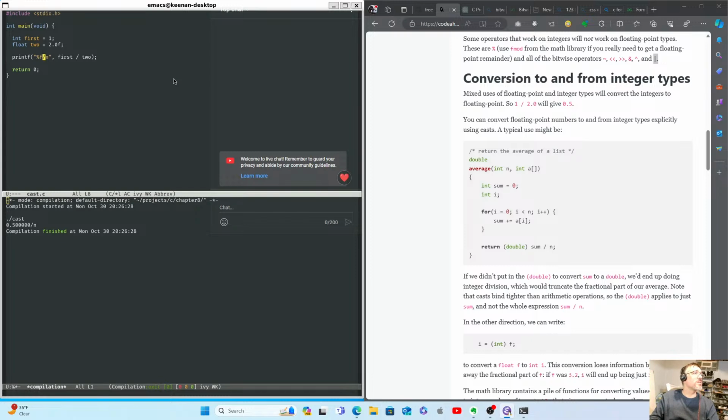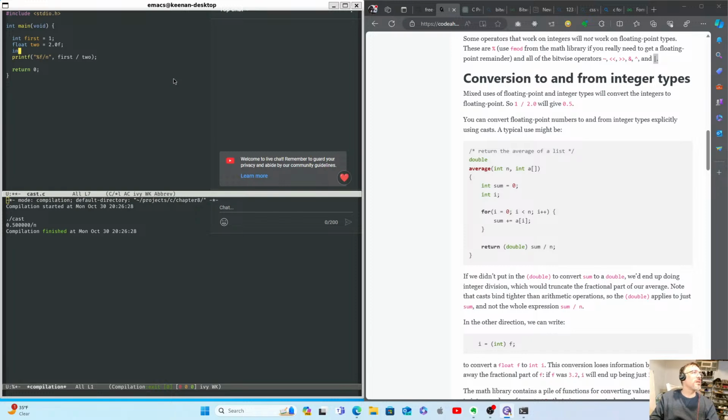Well, we could have also done, we can convert floating point numbers to and from integer types explicitly using a cast. Return double sum divided by n. Okay.